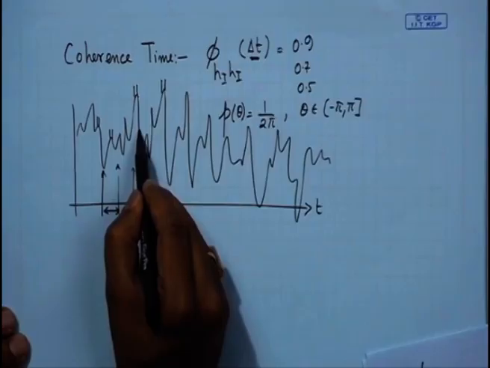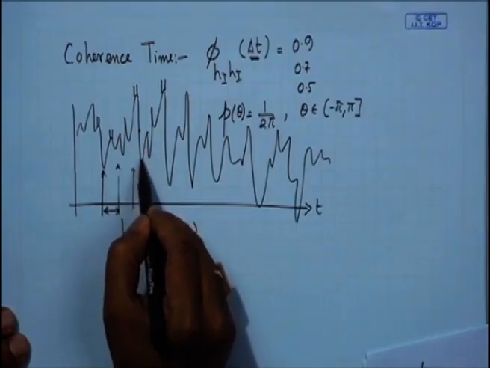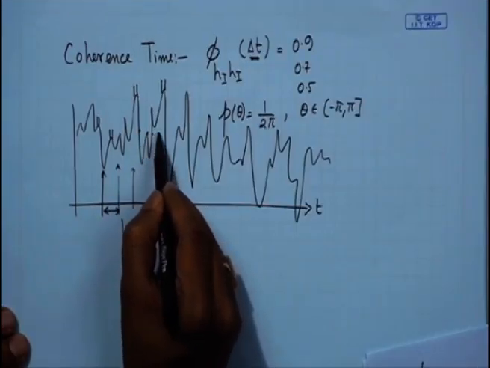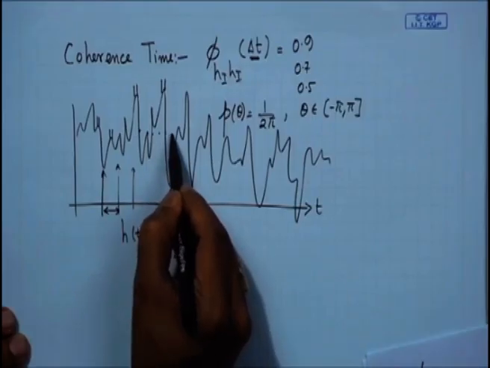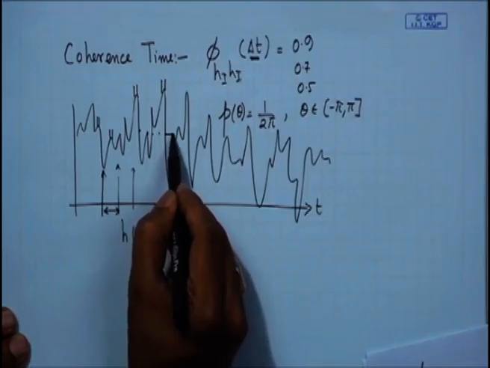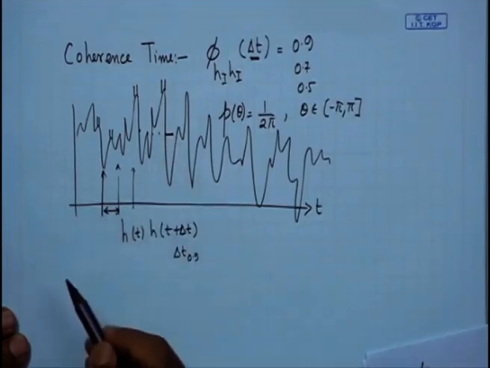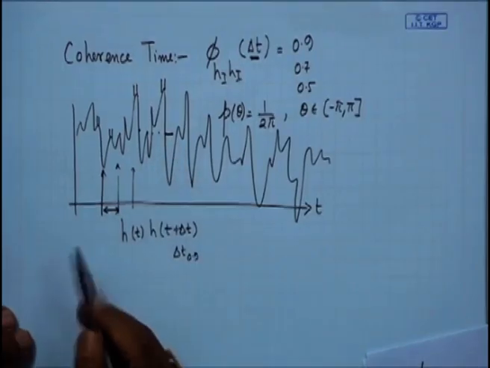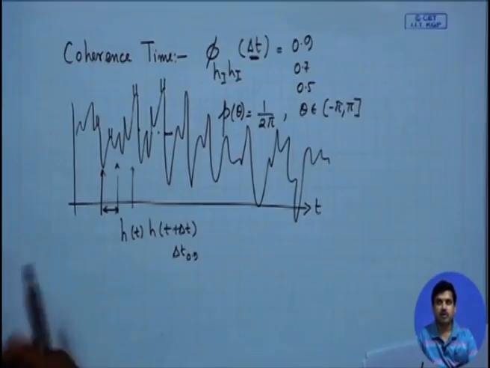If I have a point here and a point here, definitely the signals are not correlated, because at this gap there is uncorrelation. So, this duration of gap at which signals become uncorrelated would be a loose definition of coherence time, or the time separation at which the signal becomes uncorrelated.